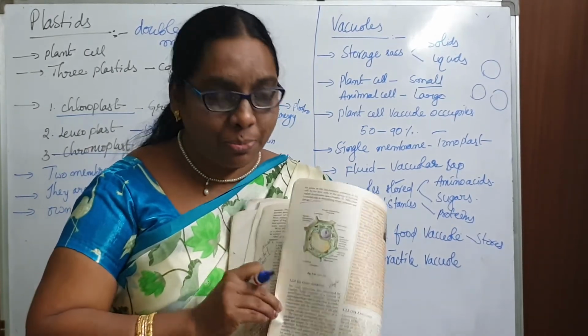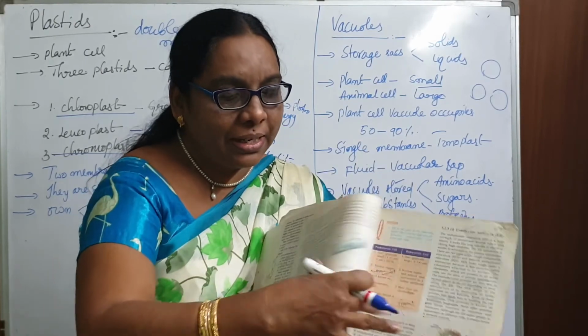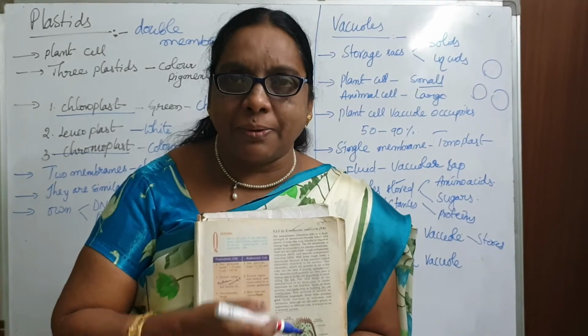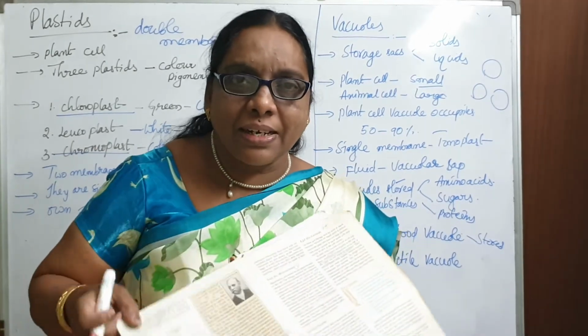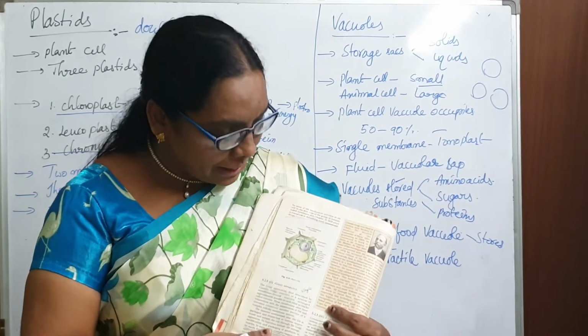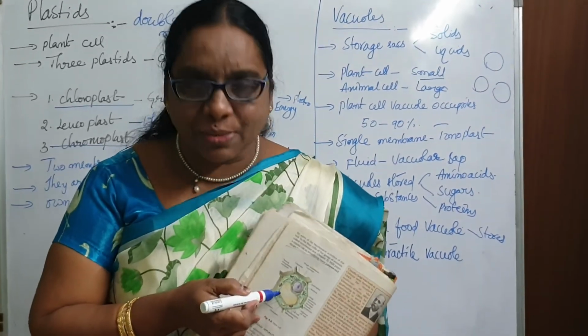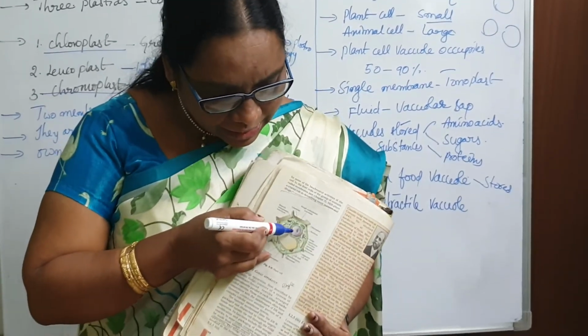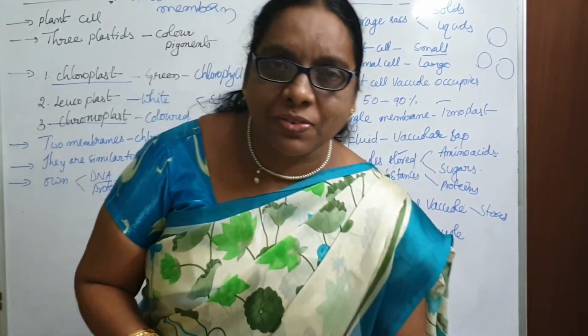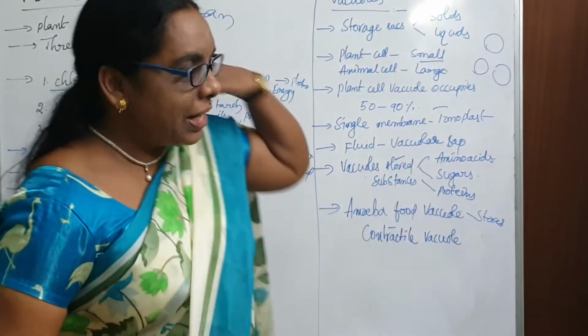In the textbook, when you observe, the nucleus is in the center because the vacuoles are very small. Whereas in the plant cell, the vacuole occupies 50 to 90%. See, this is the biggest one. That is the reason it pushes the nucleus aside. By seeing that, you can remember which one is a plant cell and which is an animal cell.